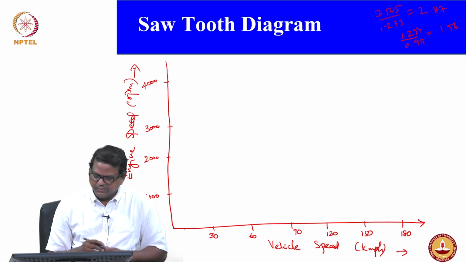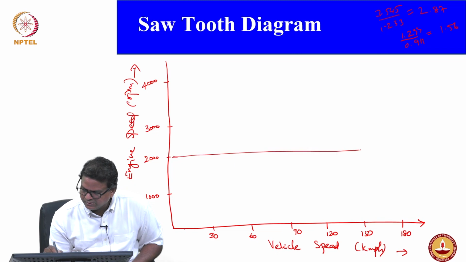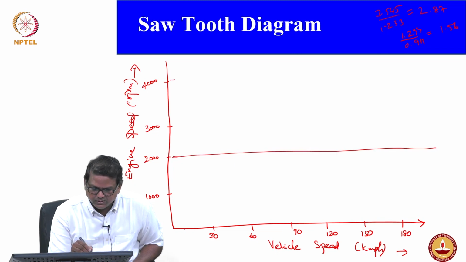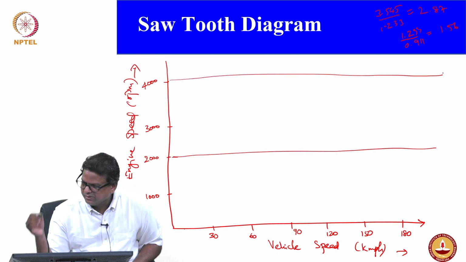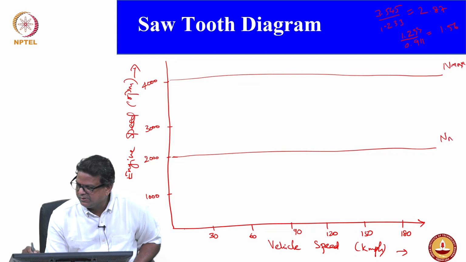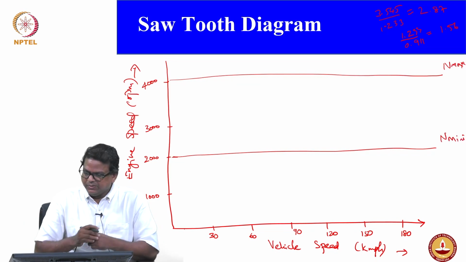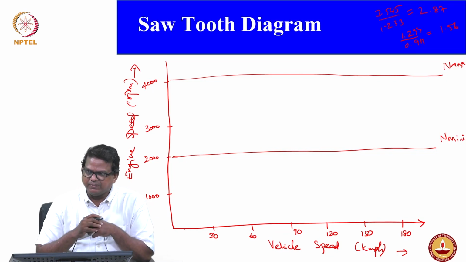Okay. And you know that this is your N max and this is your N minimum. So, what does the first gear say? What is my first gear operating speed?